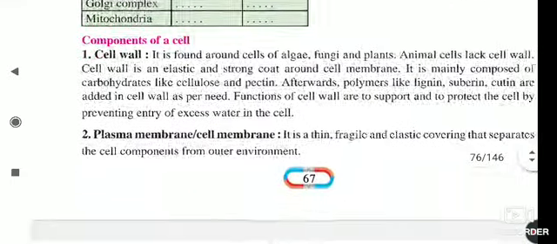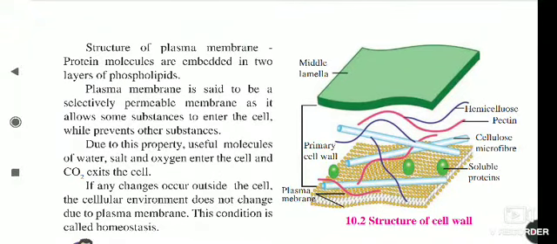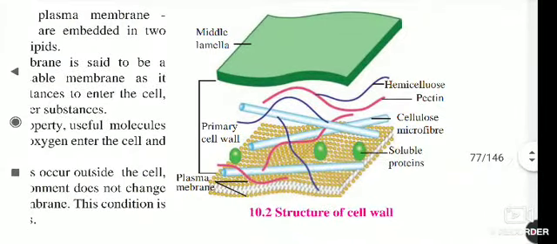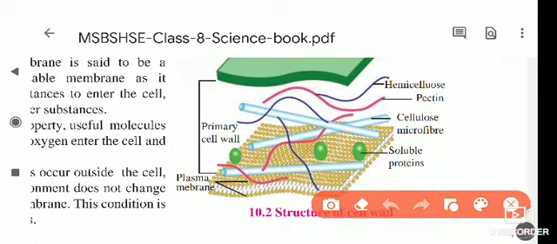Now the next is the structure of the plasma membrane. Here the structure of the cell wall is given, with the plasma membrane, the primary cell wall, and then hemicellulose and pectin, which are a part of the cell wall.